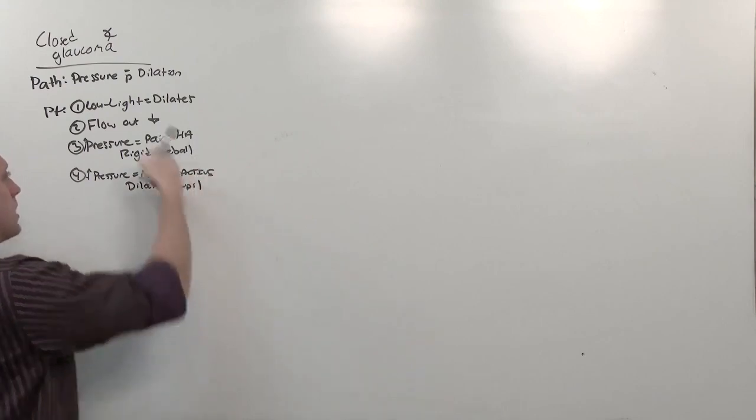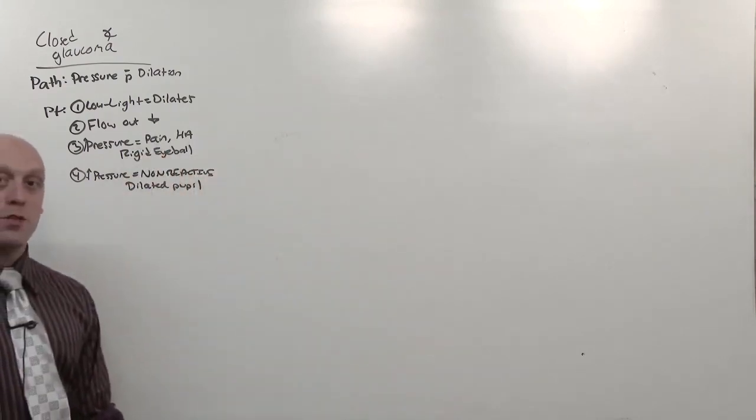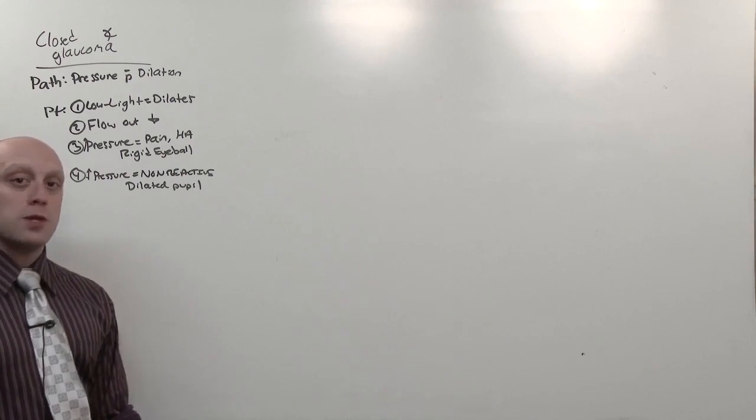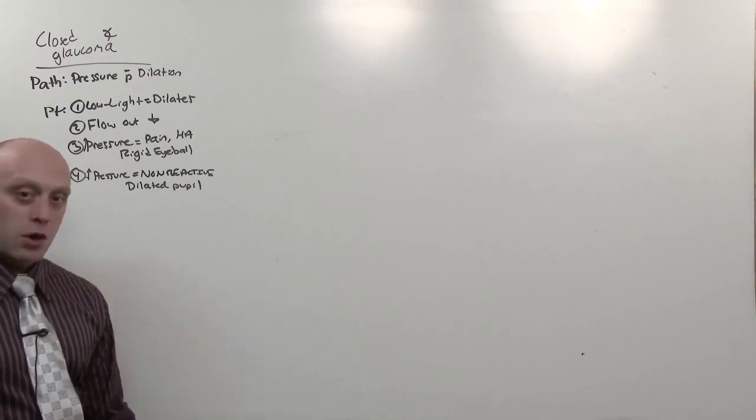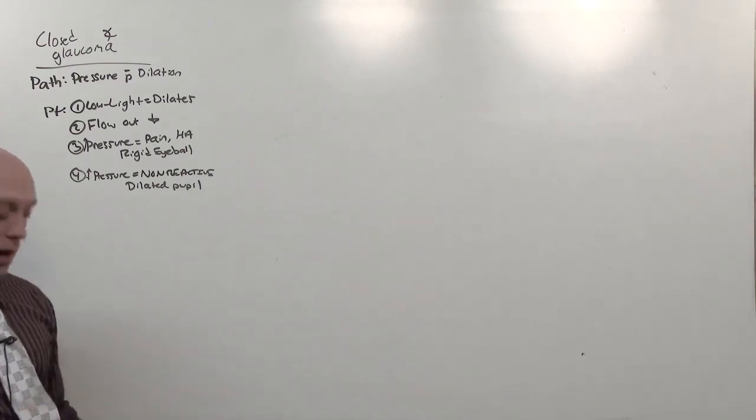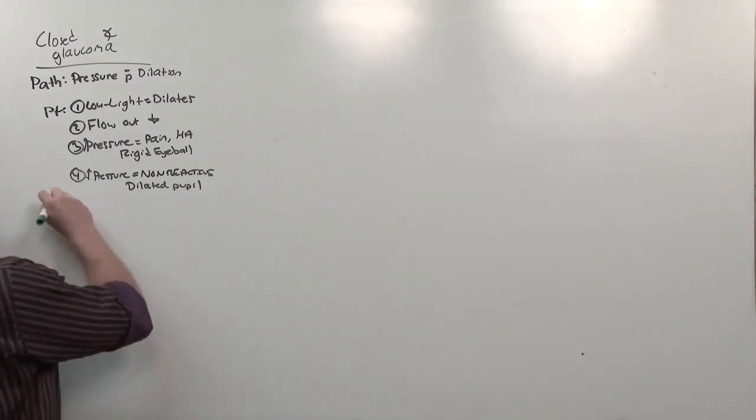And since it's dilated, it's going to decrease the flow out even more. So the eye is going to be painful, red, it hurts, there's a headache, and the eyeball is rigid. And that's how you make the diagnosis.